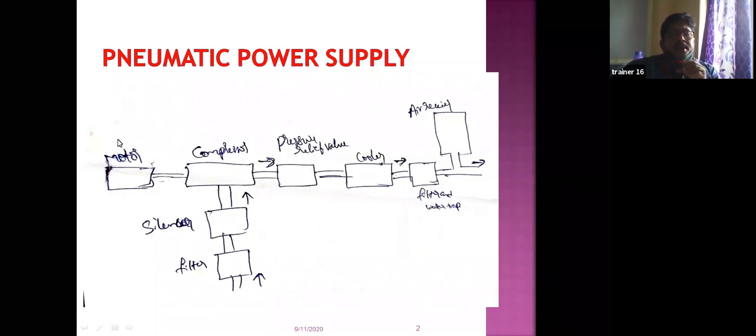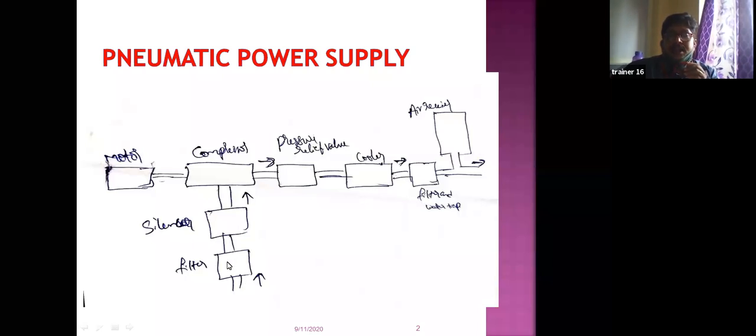See here, the electric motor drives the compressor. Electric motor drives the compressor. See here, the air is sucked into the filter. If you observe clearly, the air is sucked into the filter.